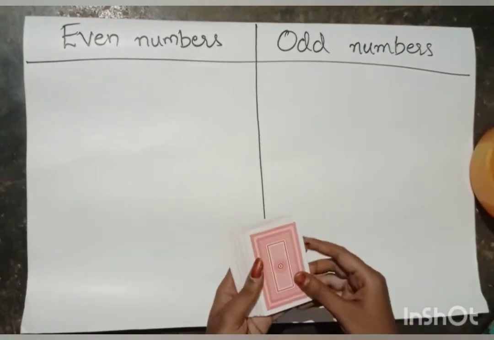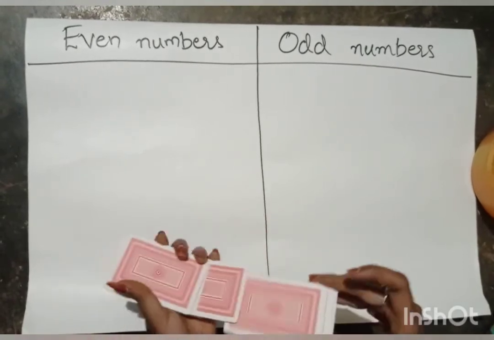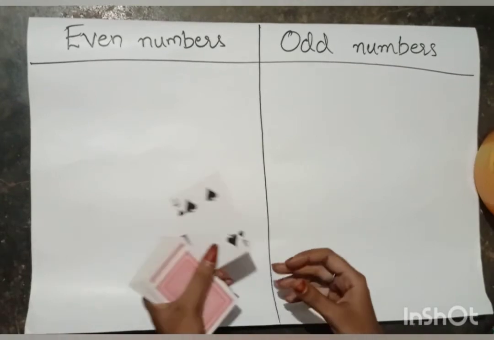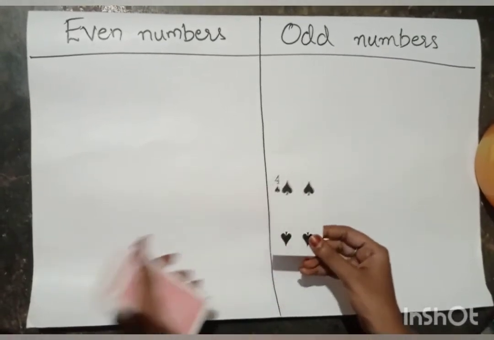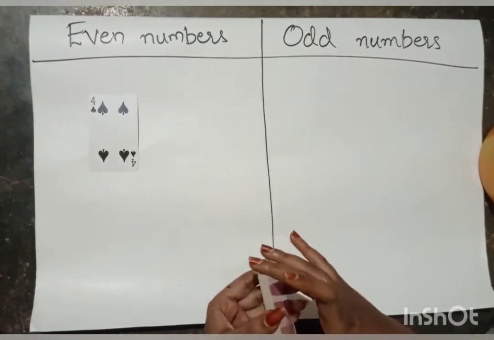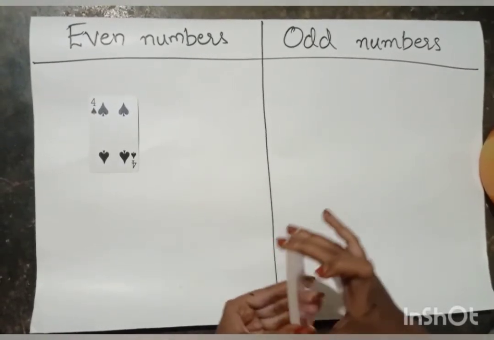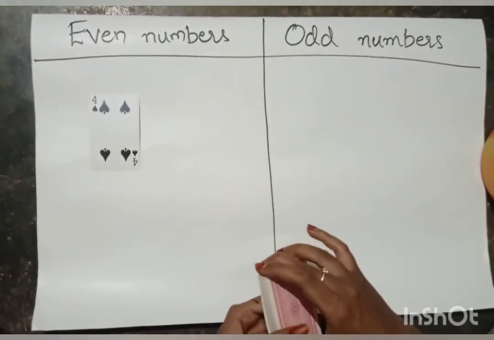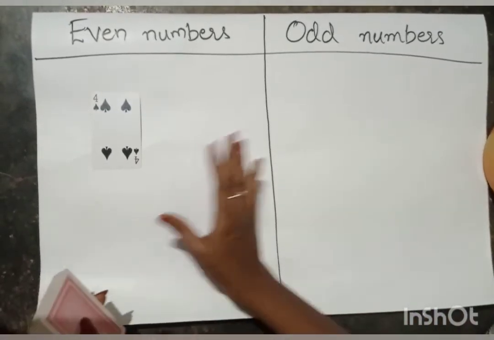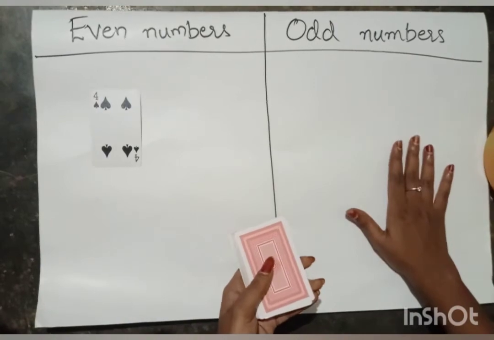What you have to do is take a random card, any one of the cards, and see what the number is. 4. So 4 is even, so we'll place it in even. But in this game, you have to put a timer, a 1 minute timer. Even numbers you place in the even number column, odd numbers you place in the odd number column.